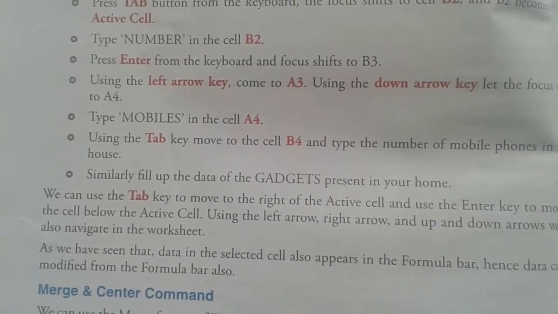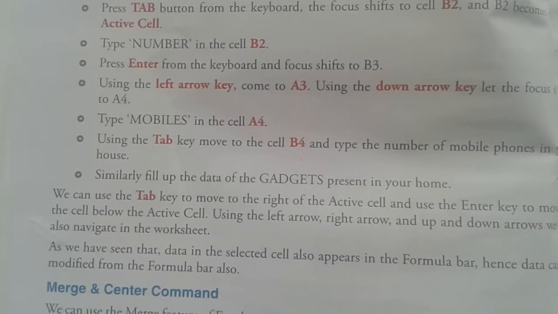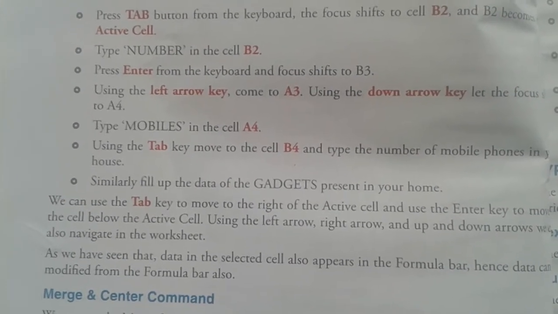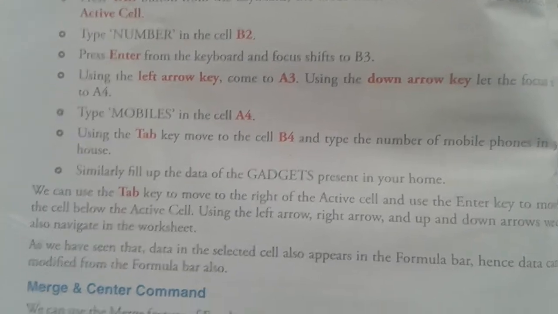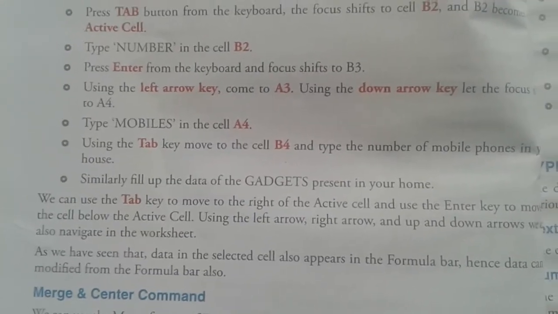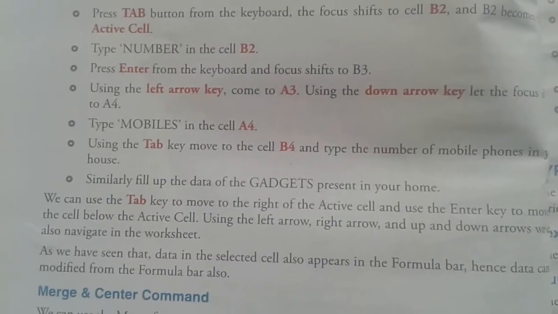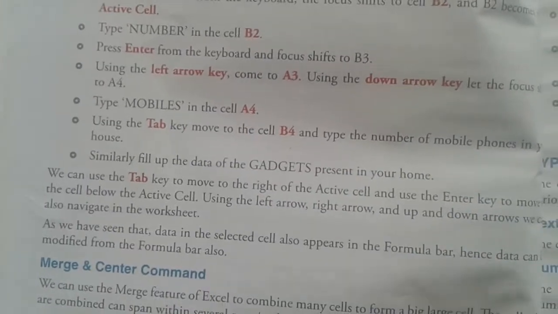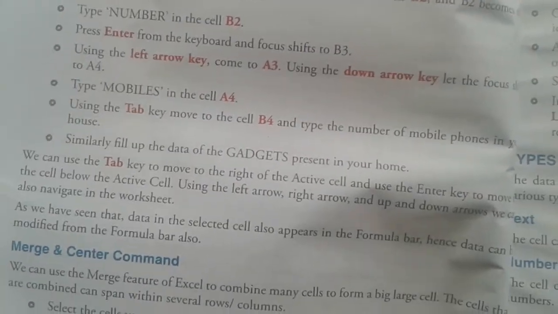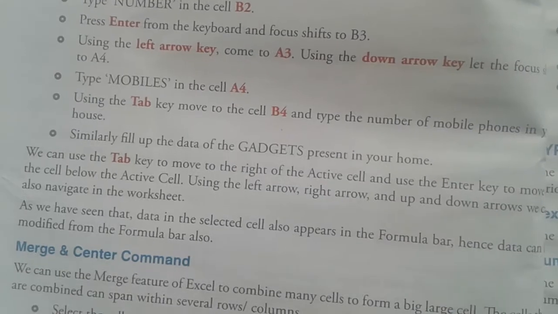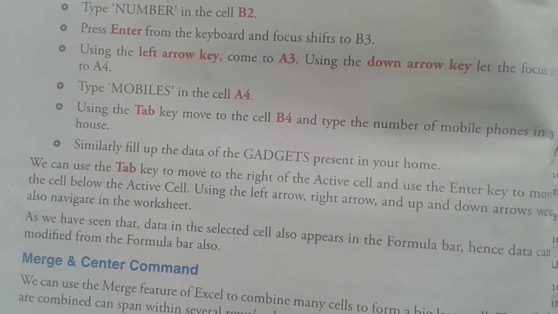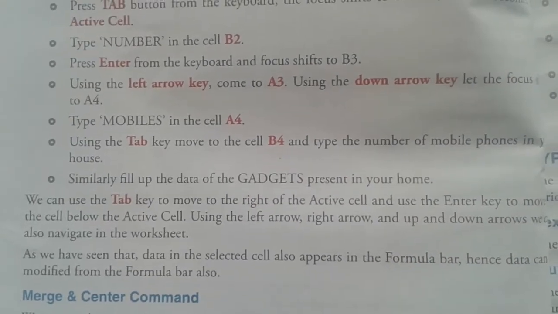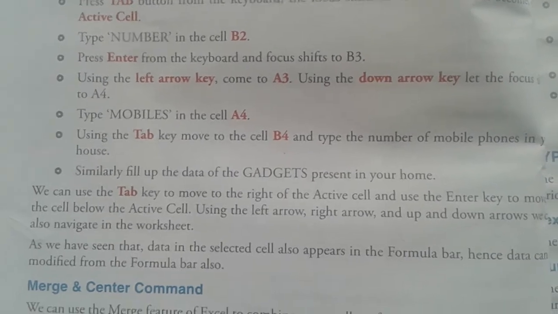We can use the merge feature of Excel to combine many cells to form one large cell. The cells that are combined can span several rows and columns.